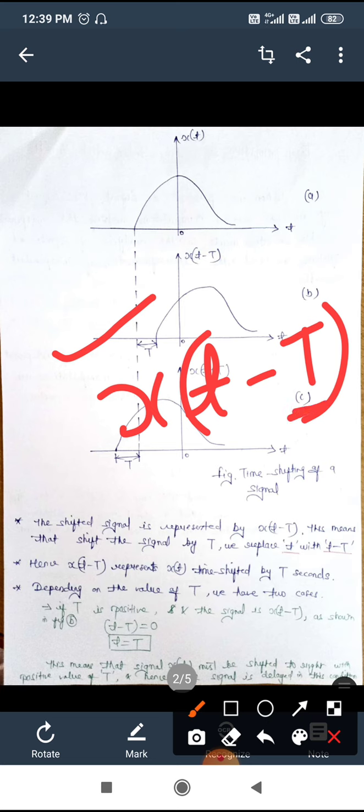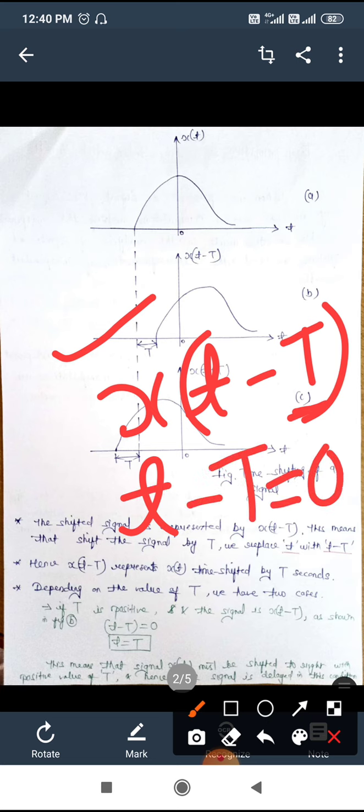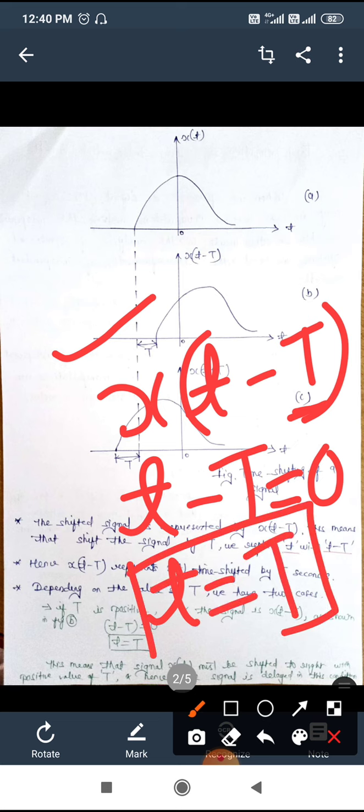By the value of capital T. For this we have to calculate something: t minus T must be equated to 0. Then t is equal to capital T. We get this value.